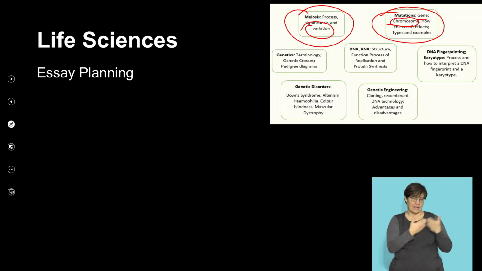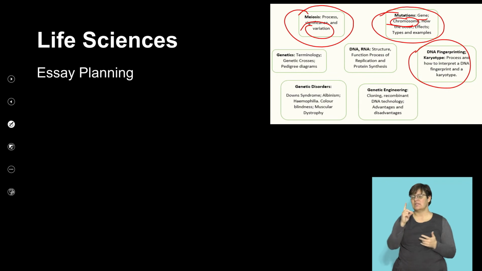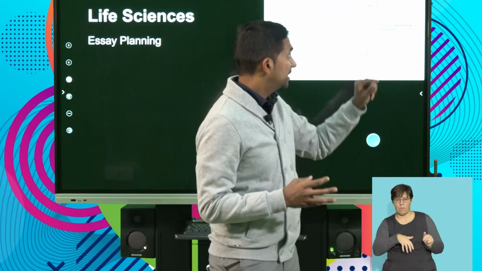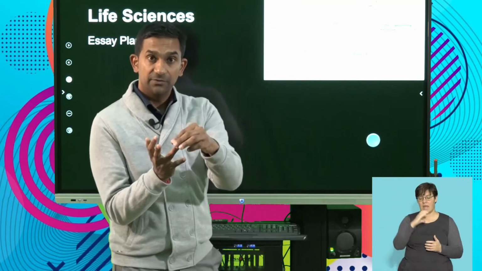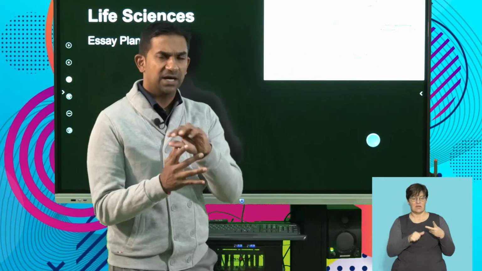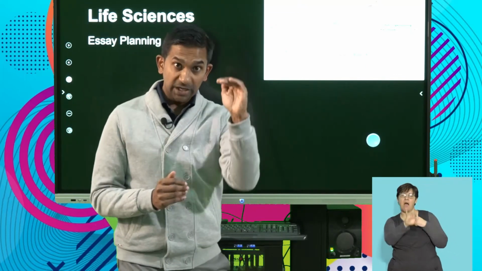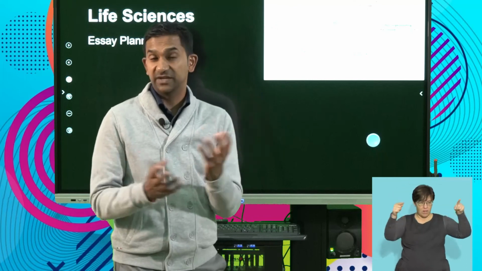The next factor would be how DNA fingerprinting, profiling, or karyotypes are used to pick up genetic abnormalities, as well as looking at paternity. So again, the concepts of karyotypes, fingerprints, and pedigree charts are important in being able to identify abnormalities and look at inheritance of a specific characteristic.